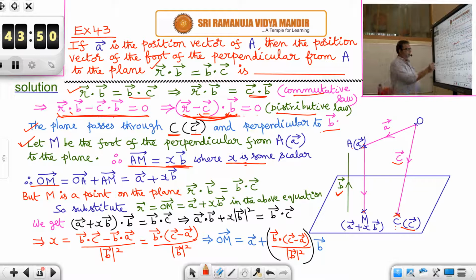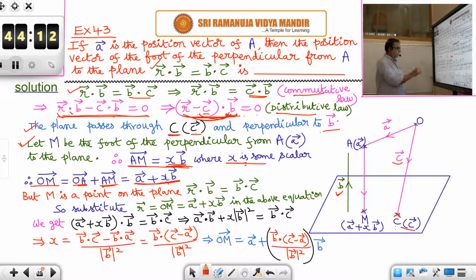But OM bar can be written as OA bar plus AM bar. OA bar is A bar, that is the given point. But AM bar we are taking as x B bar. So A bar plus x B bar.